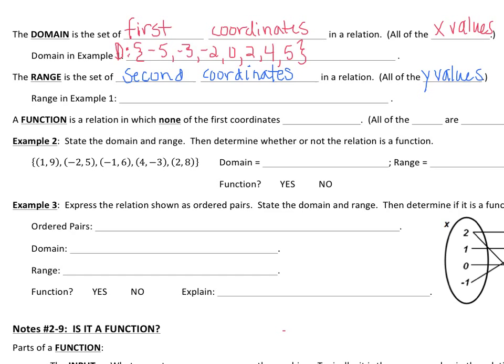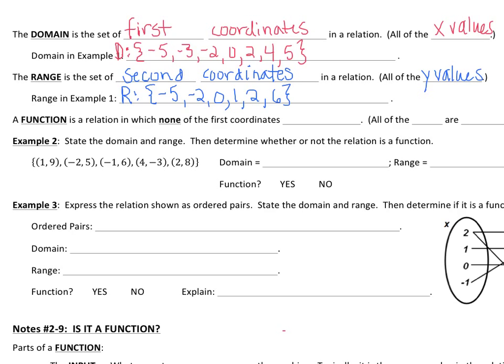So if you go back to our previous example, what a lot of people do is put the capital R with a colon, and then the curly parentheses. So the range would be all the y values, which were negative 5, negative 2, 0, 1, 2, and 6. Now notice in the domain and range, we will also list it in order from least to greatest, and we will also not list any numbers that repeat.